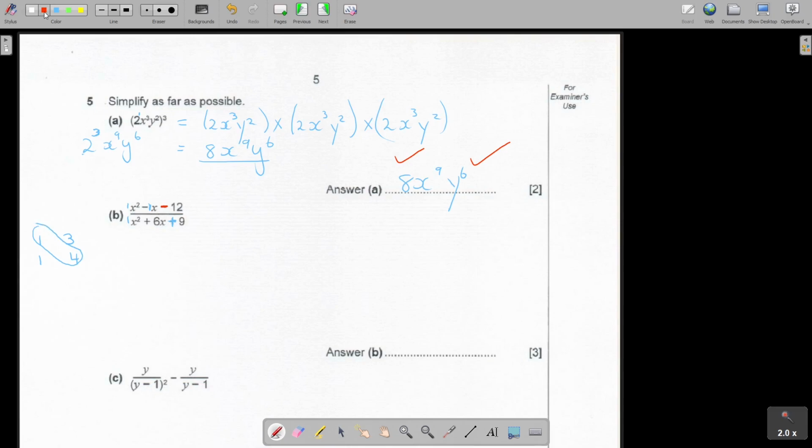And the biggest over cross gets the sign of the middle term. And what is the sign of the middle term? Negative. There, negative 1x. And then the other one, because the signs are different, positive. And then just x, x. And then I just go and I write it nicely down. I will just now go and I say this will be x plus 3 and this will be x minus 4. Okay, make sure you can do factorization.